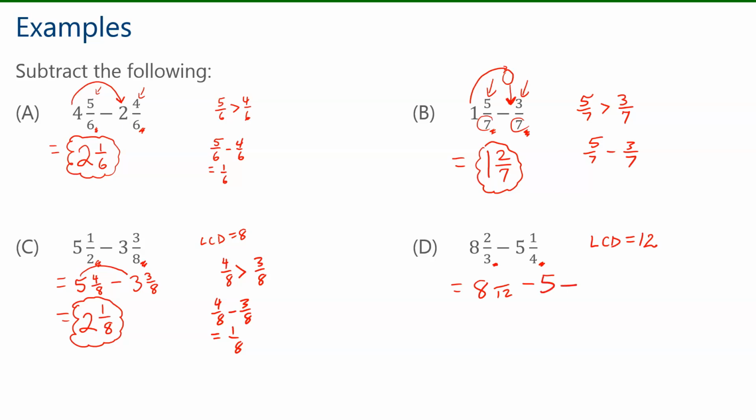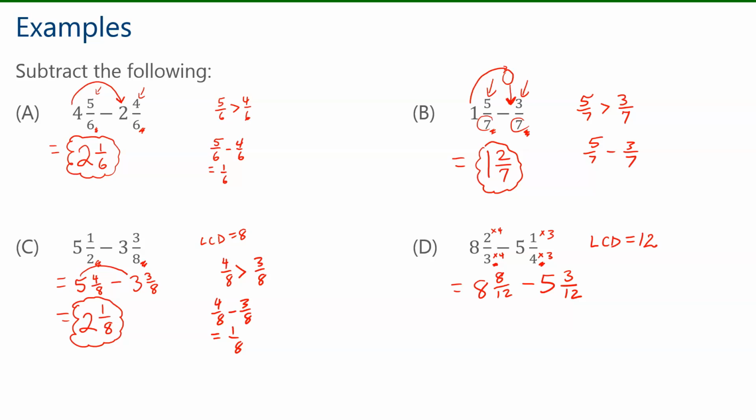The second mixed number, I need to get the denominator of the proper fraction as a 12. So 2/3 is the same thing as what over 12? Well, 3 times 4 is 12. 2 times 4 is 8. 4 times what gives me 12? That's a times a 3. And a 1 times a 3 is 3.